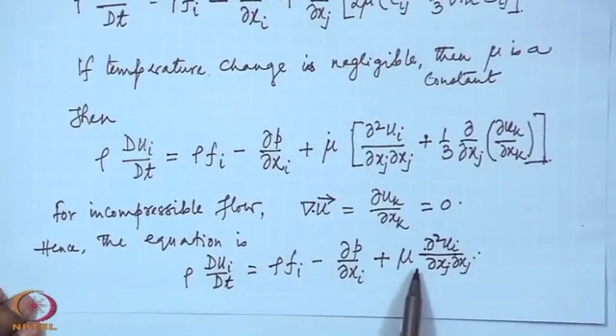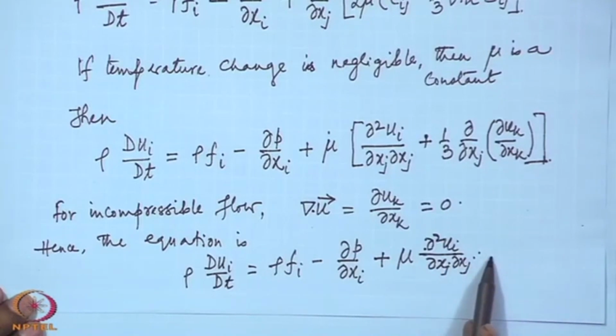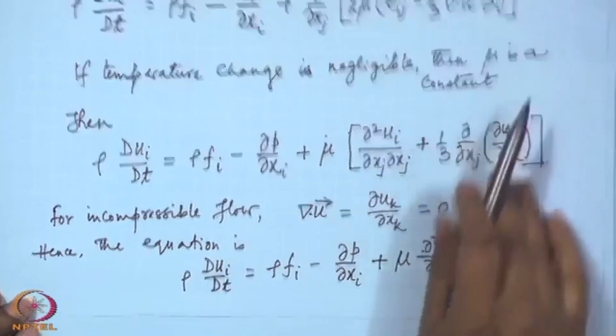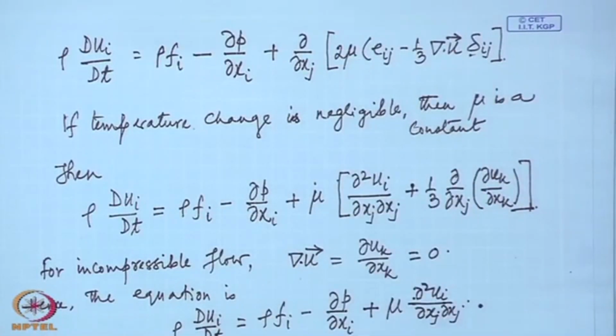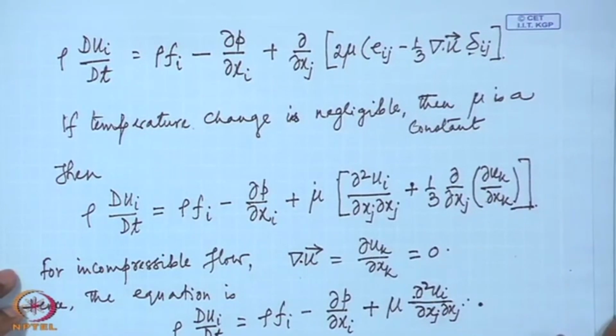This is the final form of the Navier-Stokes equation if the flow is incompressible and mu is constant. If the flow is not incompressible and mu is not constant, temperature changes are not negligible.